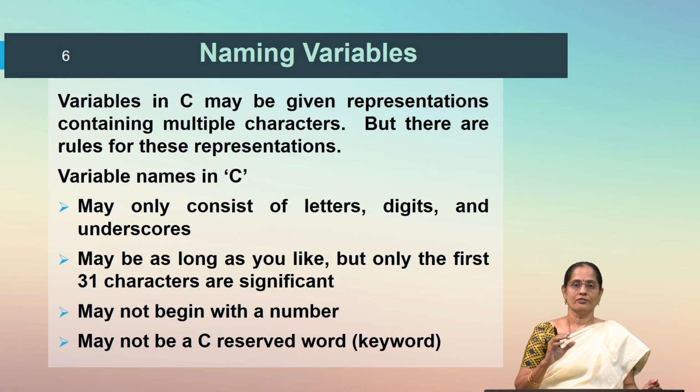The length of the variable name in C should not exceed 31, so there can be a maximum of 31 characters in a variable name. It should not begin with a digit.